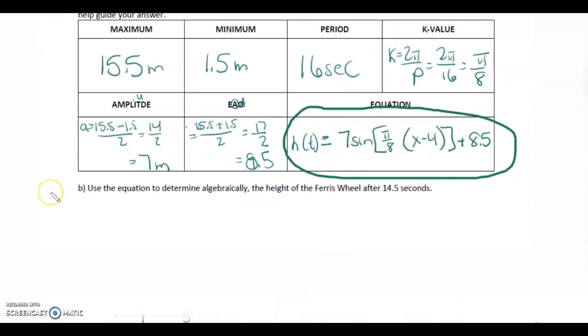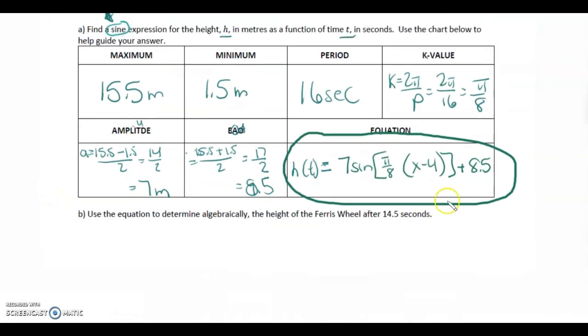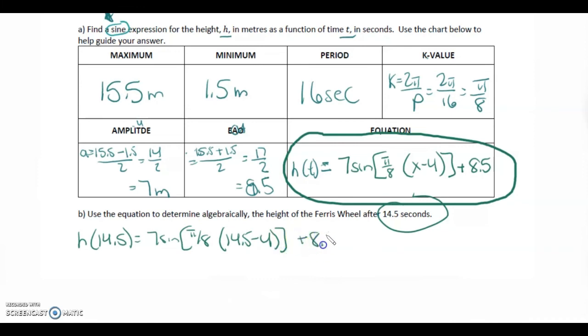Okay, use the equation to determine algebraically the height of the Ferris wheel after this many seconds. So we're finding the height at 14.5. So 7 sine pi by 8, bracket 14.5 minus 4 plus 8.5. So my recommendation is to do this first.